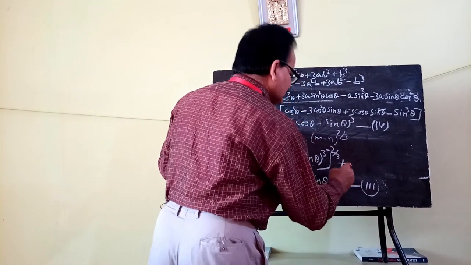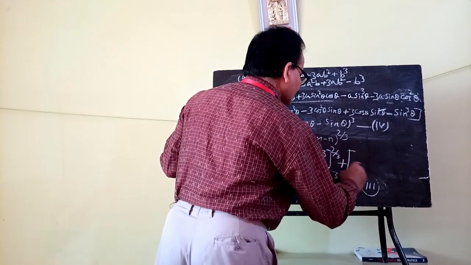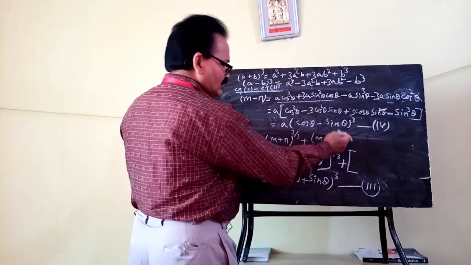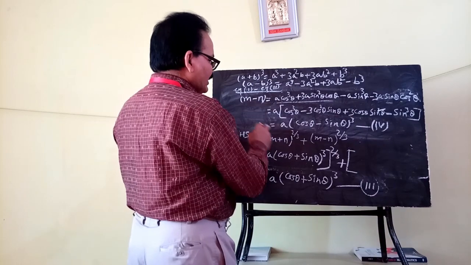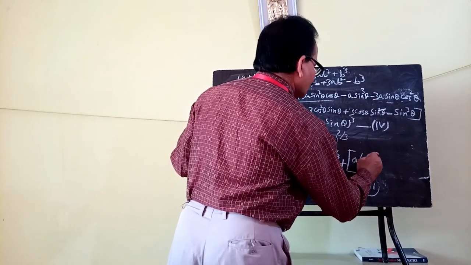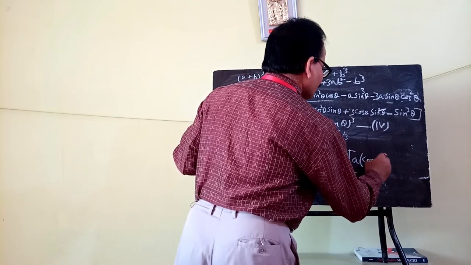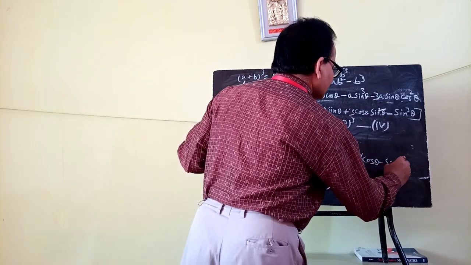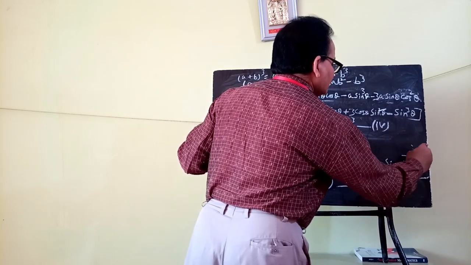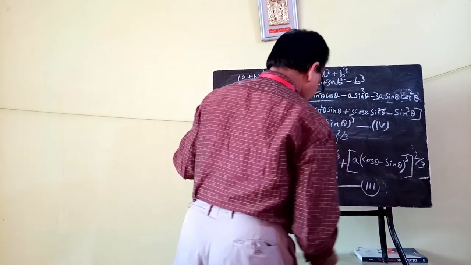Okay, then plus, again you write the value of m minus n whole to the power 2 by 3, value of m minus n is this one. So a under bracket cos theta minus sin theta whole to the power 3, and in the outside this power is 2 by 3.